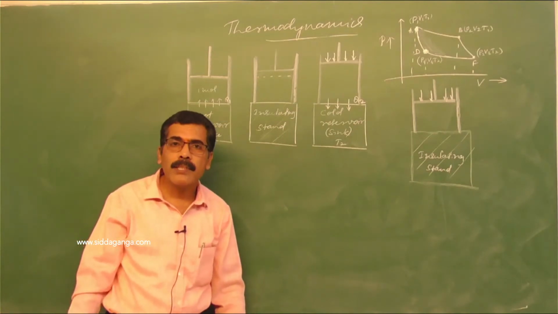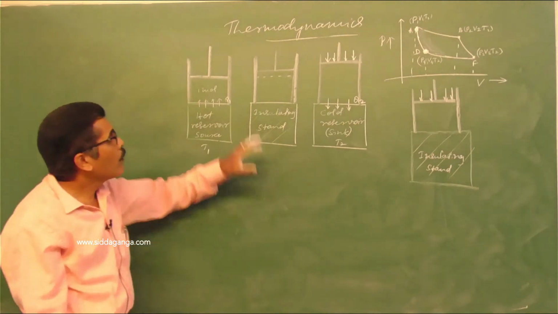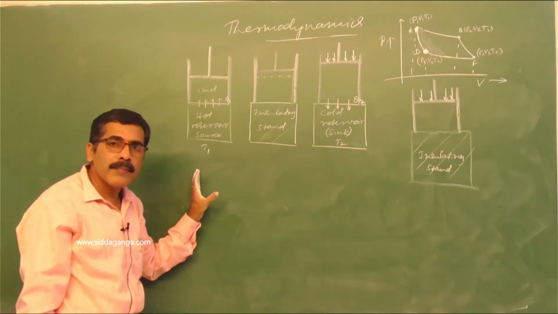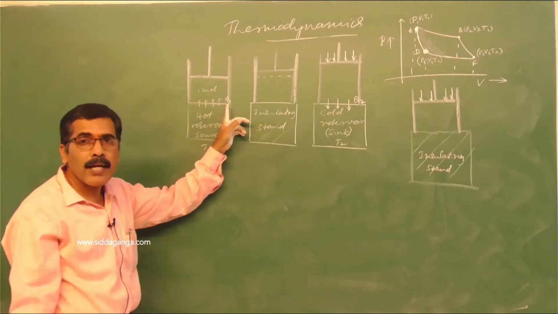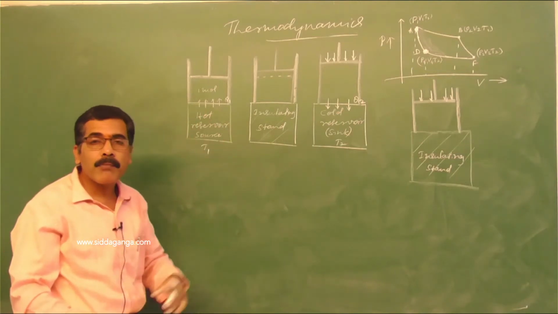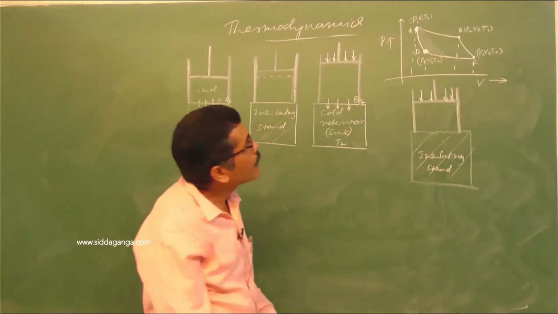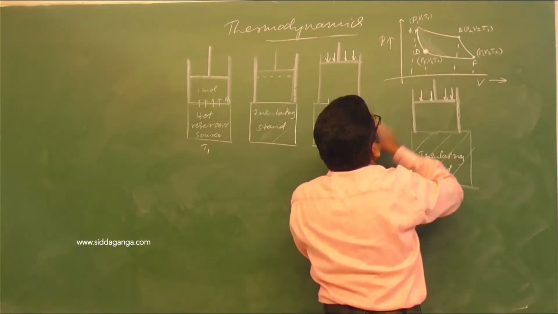The walls of the cylinder are perfectly non-conducting but the base is conducting. Now the cylinder is kept on the hot reservoir. As a result, the gas absorbs Q1 quantity of heat at a temperature T1 and expands isothermally at T1. So this isothermal expansion is represented by the curve AB.